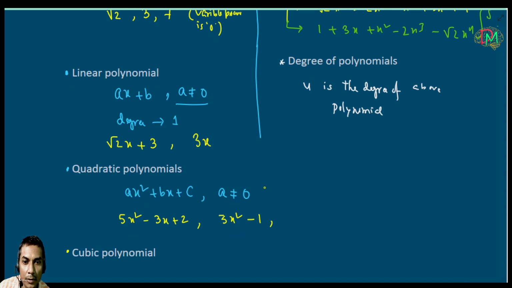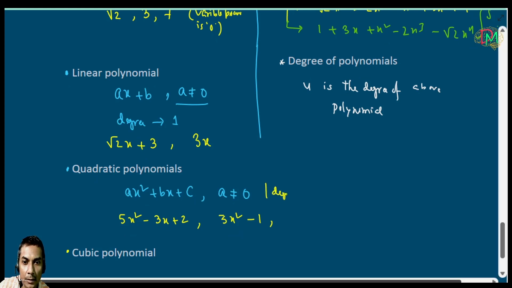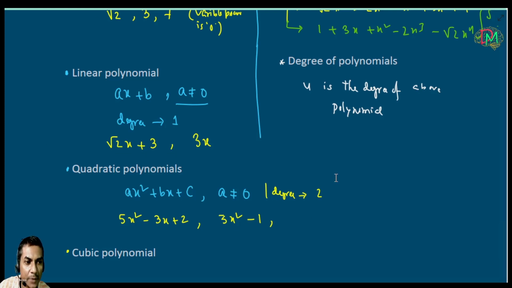So the quadratic polynomial degree is 2. Okay, the degree of the polynomial is 2. For the cubic polynomial, how can you express the general expression?